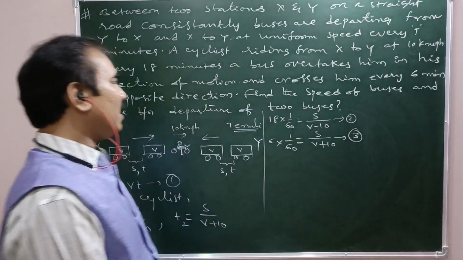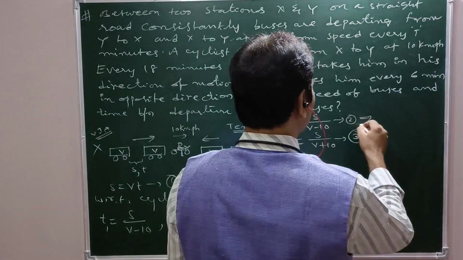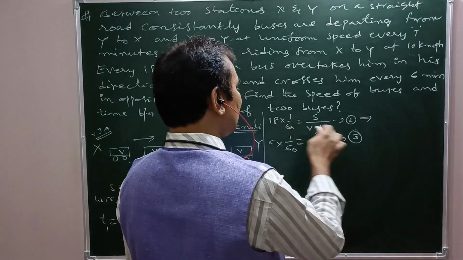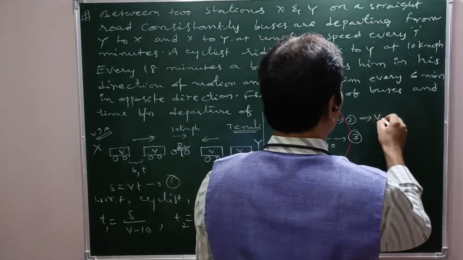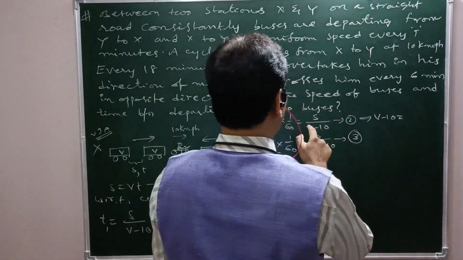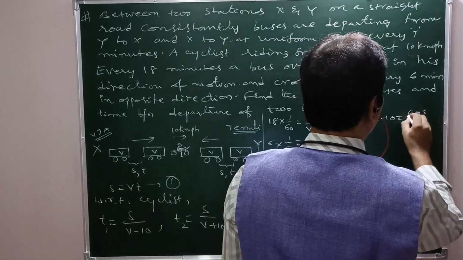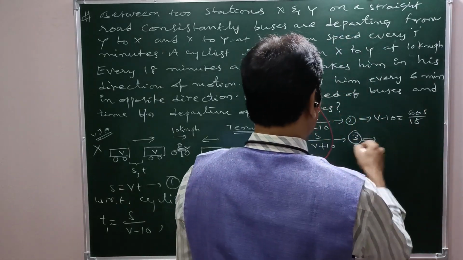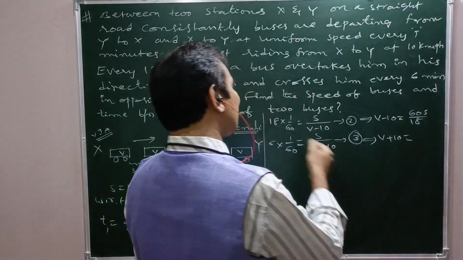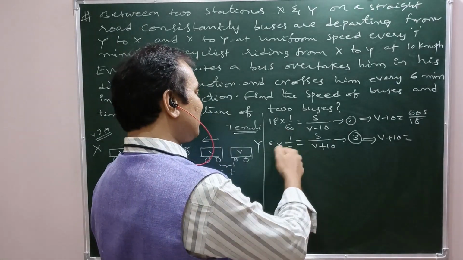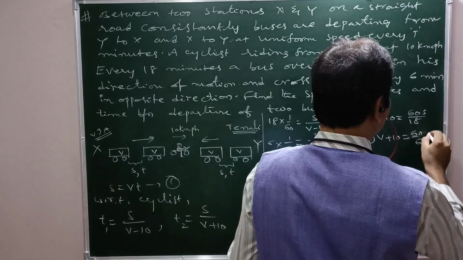So, the same can be written as V minus 10 equals 60 S by 18, and taking cross multiplication, V plus 10 equals 60 by 6 into S.